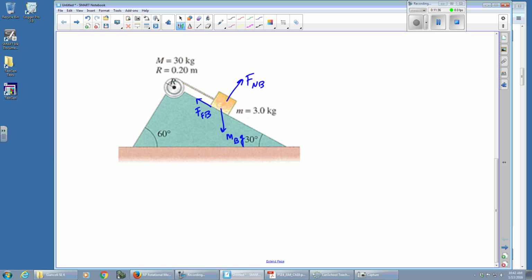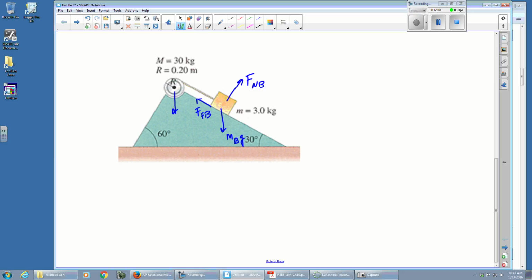I'm going to assume that it's sliding down the plane. There's actually an author's note on this problem that when they first put out the problem in the first edition, they made the coefficient of friction too high. And it would end up being that the box went up the hill. And so they have subsequently lowered the coefficient of friction so we can assume the box is sliding down the hill.